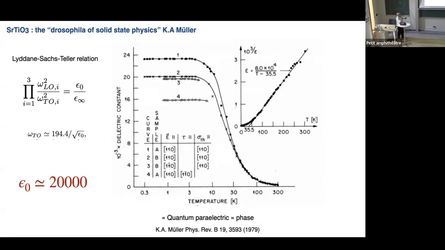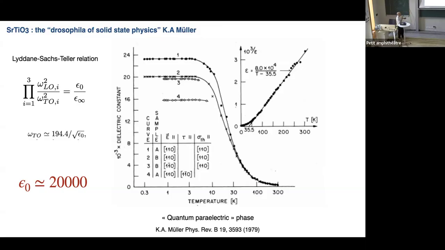Another way to plot this is to plot 1 over epsilon as a function of temperature. From room temperature to about 30 Kelvin, it has this linear dependence that you would expect in mean field theory. So according to mean field theory, the system should be ferroelectric, but instead the system decides to deviate and to keep these very large dielectric constants.